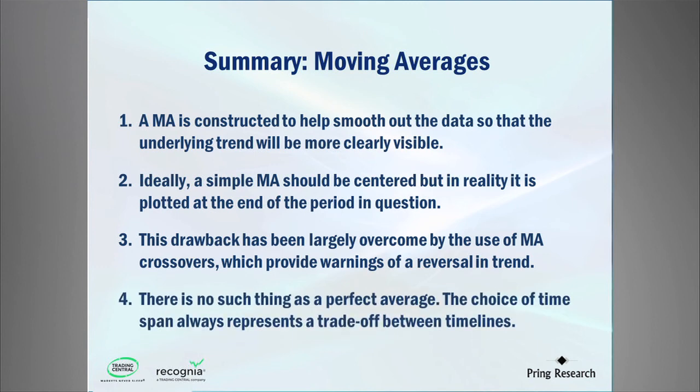The choice of time span always represents a trade-off between timeliness, catching the trend at an early stage, and sensitivity, catching the trend too early and causing an undue amount of whipsaws. For short-term trends, 25 and 40-day spans are suggested, but for longer-term spans, 40 and 45-week averages are recommended. A helpful time span using monthly data is 12 months.